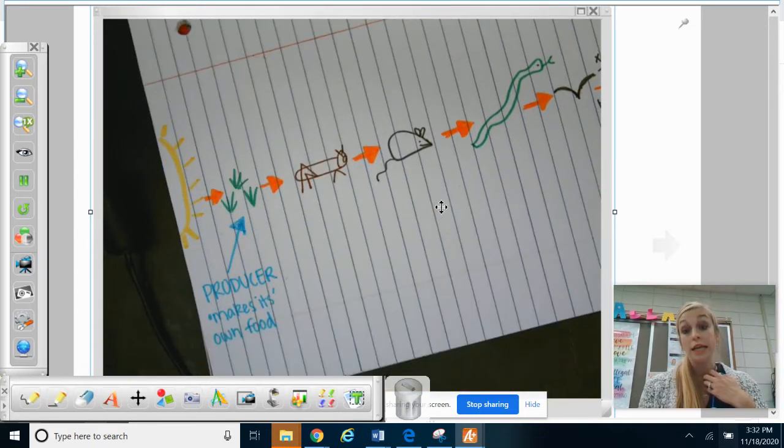Producers make their own food through photosynthesis. You can write that if you want. I'm just putting the short version. So producers, they don't need to eat anything. They make their food through photosynthesis.